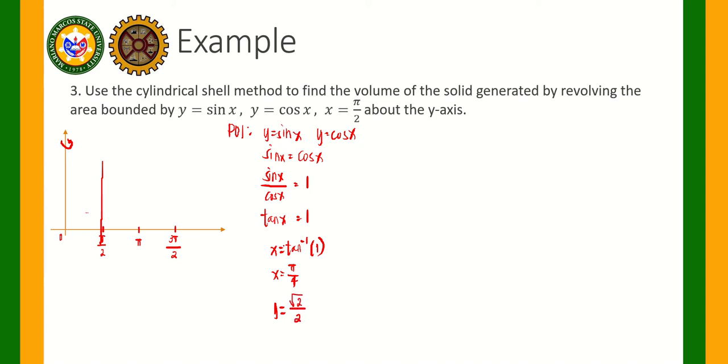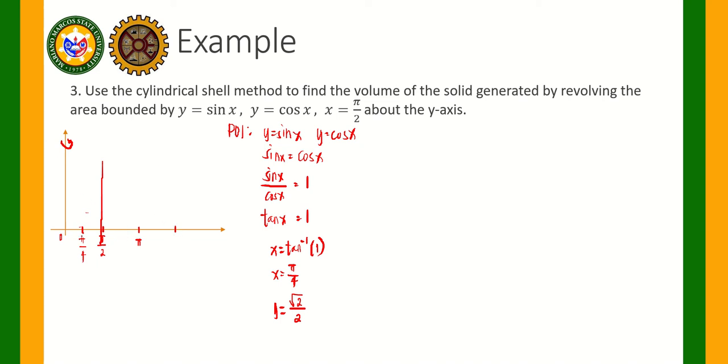or 0.7. Okay? So, for this one, since sin x tayo, ibig sabihin, sine wave yung ating graph. So, this is pi over 4. Okay.